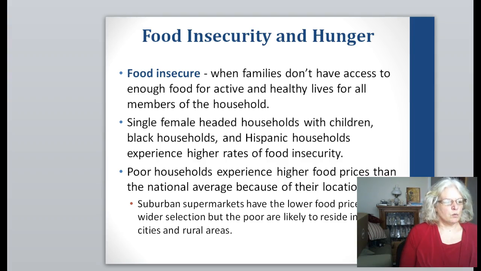Also, those in rural areas have to drive 50 miles to get to a grocery store of any size, and therefore their food prices are higher. We have this higher level of food insecurity and hunger.